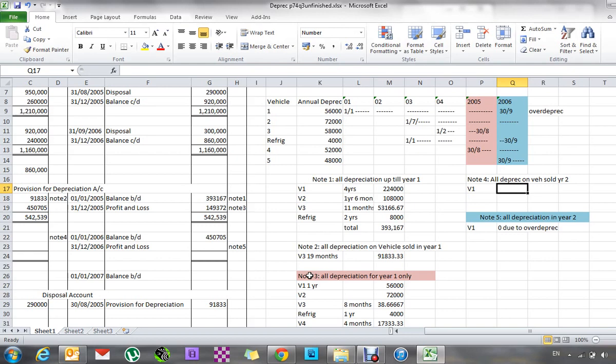I'm only able to depreciate 5 years, which is what the thing was originally worth, 280 grand. And then I'll also have a refrigeration. I had it for 1, 2, 3 years, and then I had it for 9 months. So 3 years, 9 months.